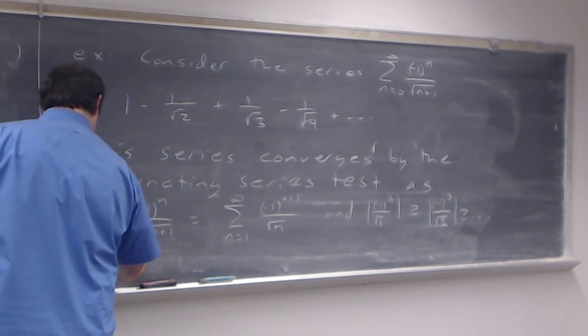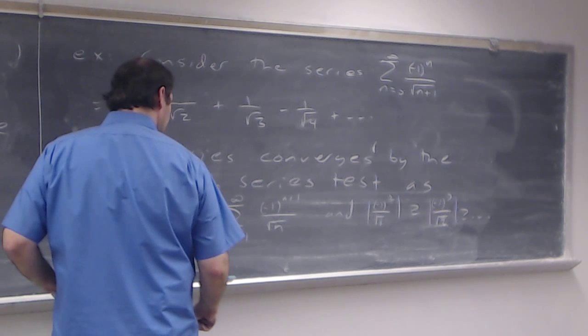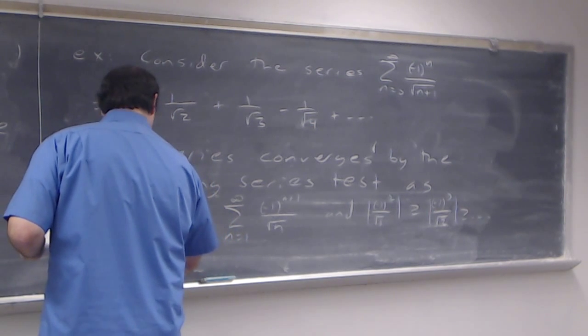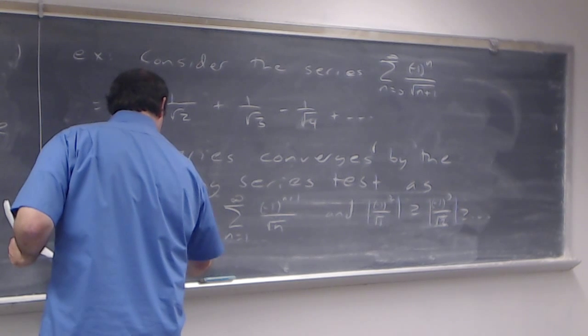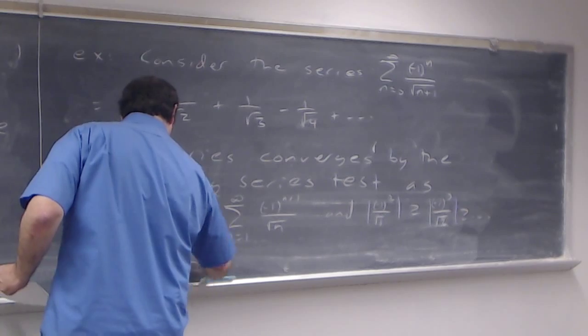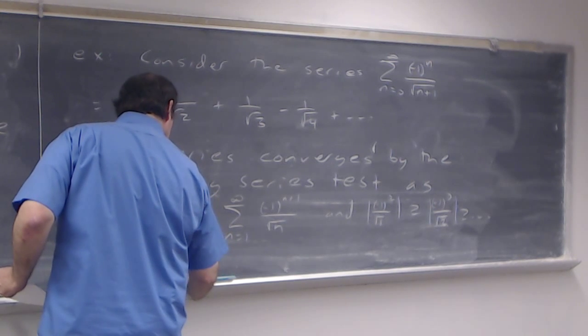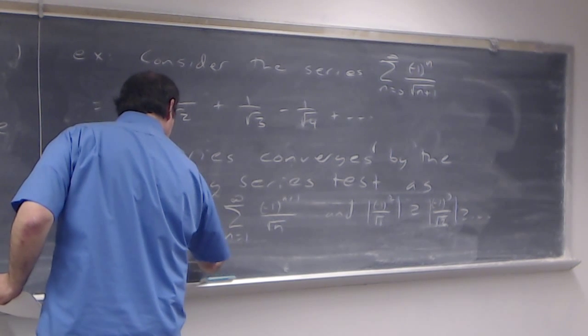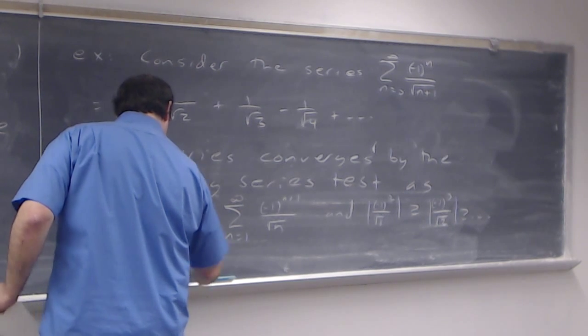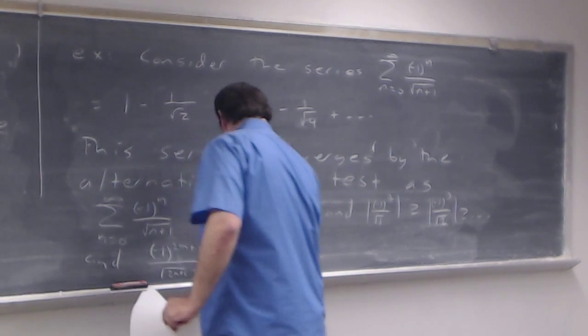And if you look at the 2m plus 1 term, that would be (-1)^(2m+1+1) over the square root of 2m plus 1. Well, that's going to be greater than or equal to 0.